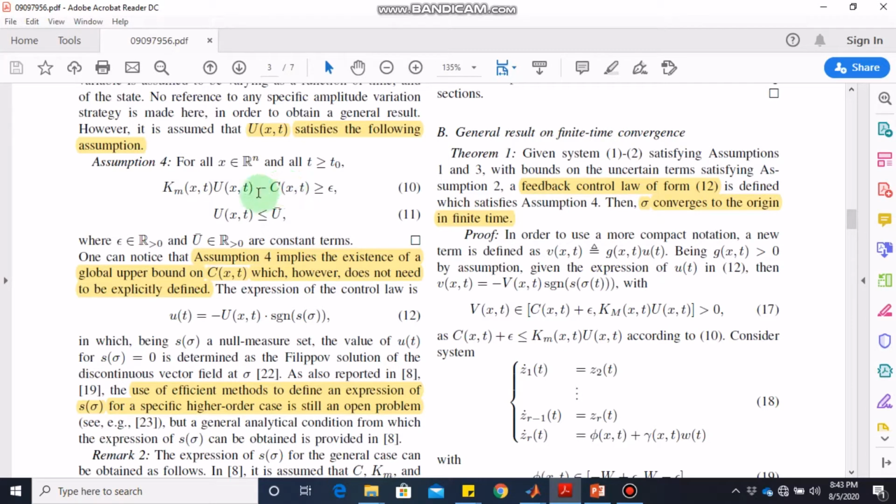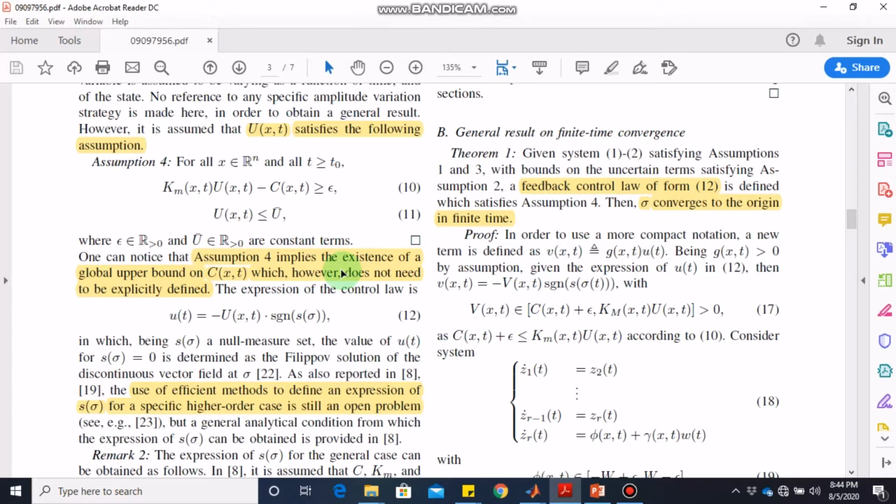This inequality should be satisfied, and also U should have an upper bound which is independent of the state and time, which means this is the ultimate value that can be reached by this discontinuous function U. And this epsilon in equation 10 is a positive constant, and of course U bar is also a positive constant. So if these 4 assumptions are satisfied, only then will the results presented in this paper be applicable.